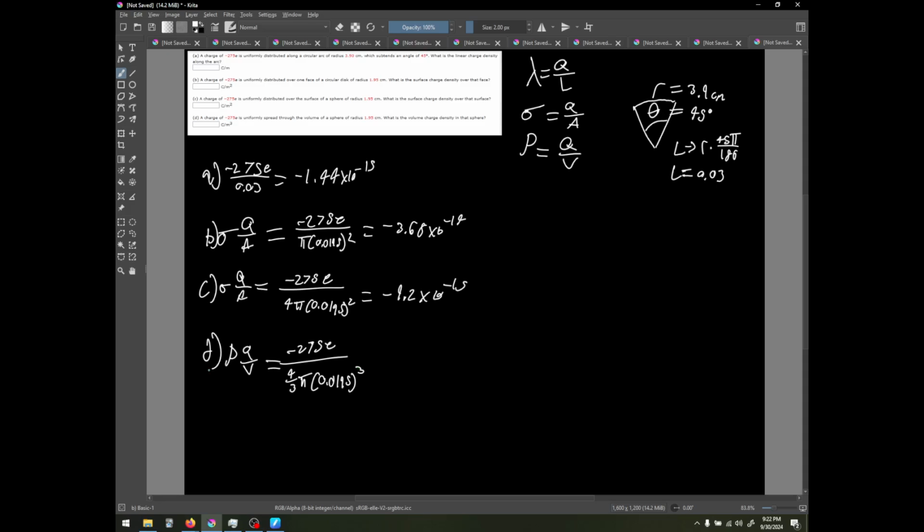Okay, and it looks like now I'm getting -1.42 times 10 to the -12. Let's see if I rounded wrong. Nope, we're all good.